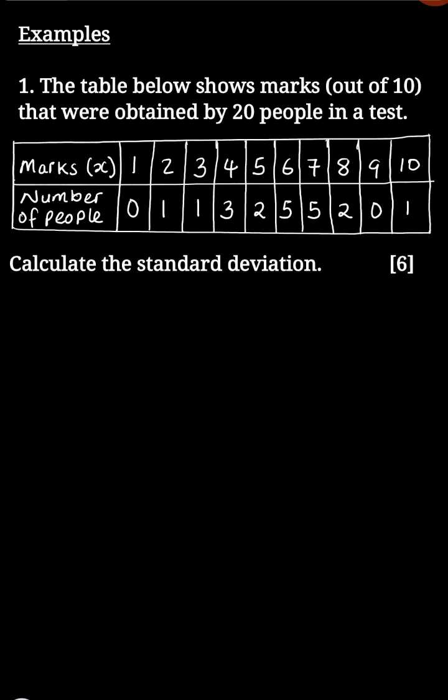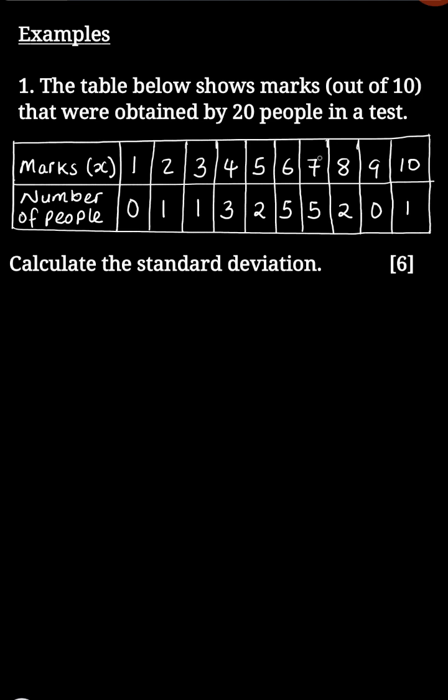The method for using a table is more organized, but the disadvantage is that it takes a lot of time. So, I'll encourage you to always use the direct method. The direct method is quicker and therefore it saves you a lot of time.